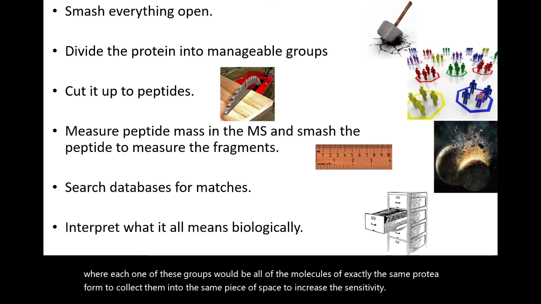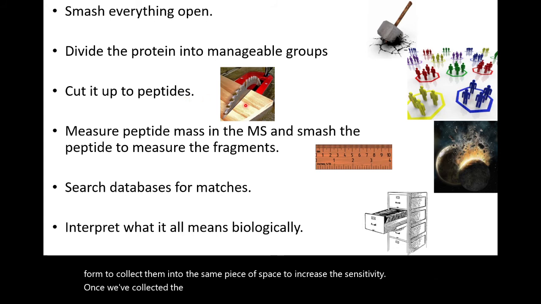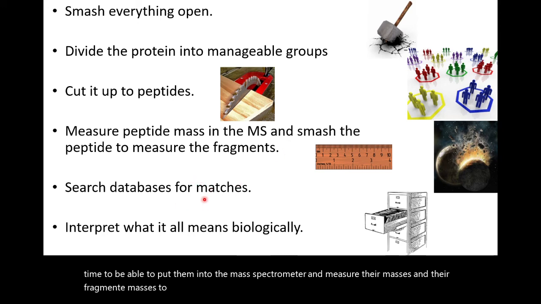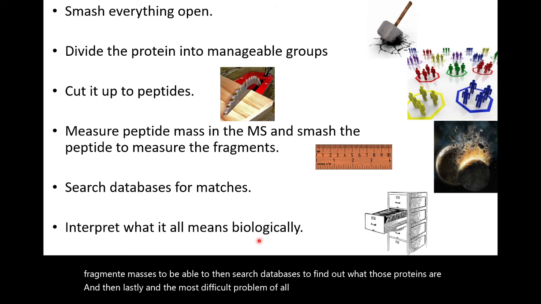Once we've collected the proteins together, we actually cut them up into peptides a lot of the time to be able to put them into the mass spectrometer and measure their masses and their fragment masses, to be able to then search databases to find out what those proteins are. And then lastly, and the most difficult problem of all, is what the heck does all of this mean biologically?